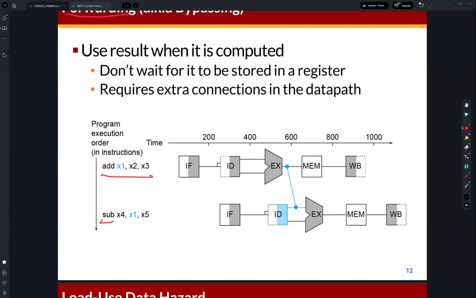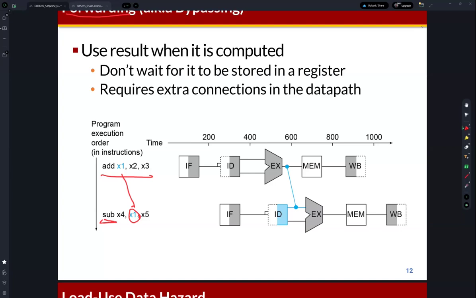You can find that x1 is requested by the following instruction, so there is a data dependency.